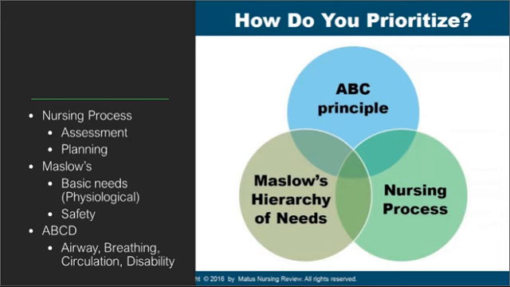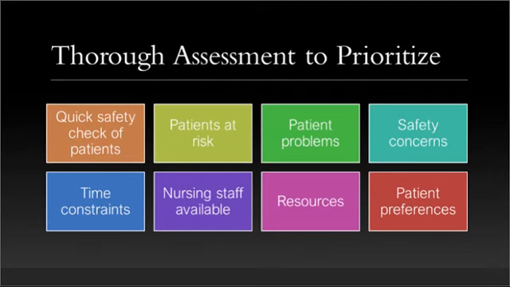So there's the nursing process. Maslow's, it's our basic physiological needs and our safety. It goes in levels. And then the ABCD, airway, breathing, circulation, disability. A thorough assessment is needed to prioritize.